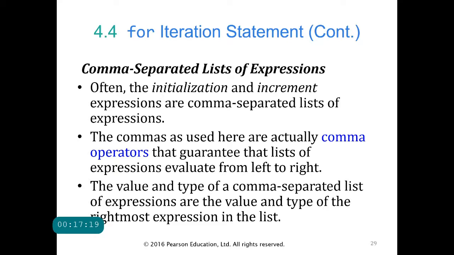Now, one more thing that the for statement allows you to do is called a comma separated list of expressions. In the initialization part and the increment part, you can write down multiple statements. It's just that you have to separate them using commas. So let's say that in the initialization part, if you want to initialize two variables, then you will have to separate them using a comma.